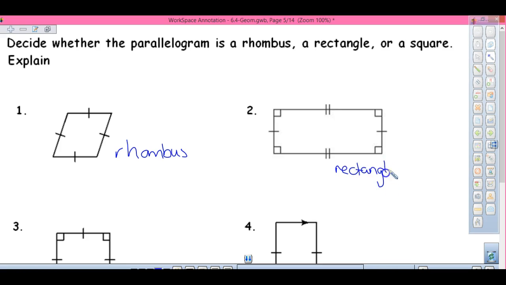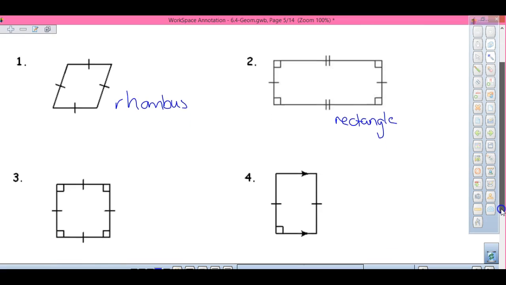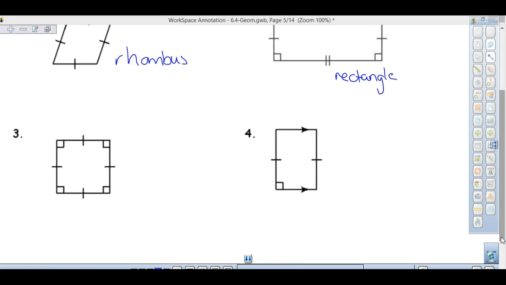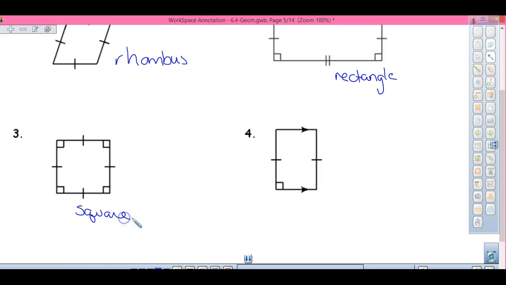A rectangle is going to have their opposite sides congruent like a parallelogram and 4 right angles, but definitely not a square. Number 3 is a square because it has 4 right angles and, well, yeah, but also 4 congruent sides. It's got to have both of those.